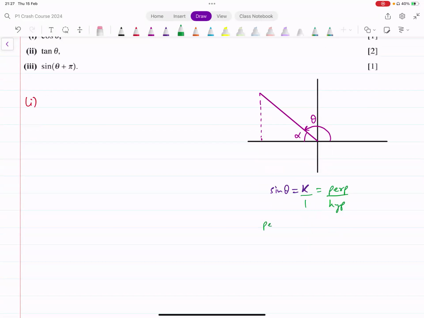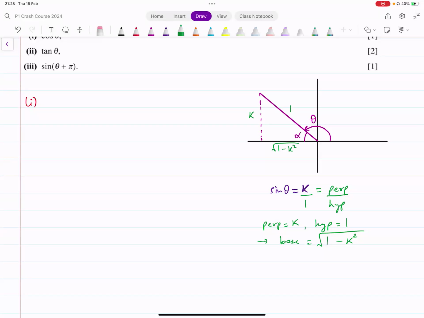So if perpendicular is equal to k, then hypotenuse is 1, and from that you get the base, which is the square root of 1 squared minus k squared. So we have all three sides of this triangle now, at least their ratio. If hypotenuse is 1, then perpendicular is k, and the base is square root of 1 minus k squared.